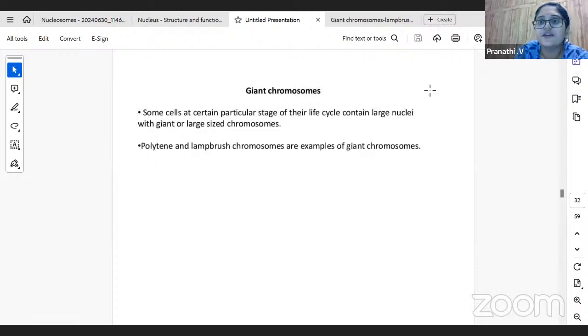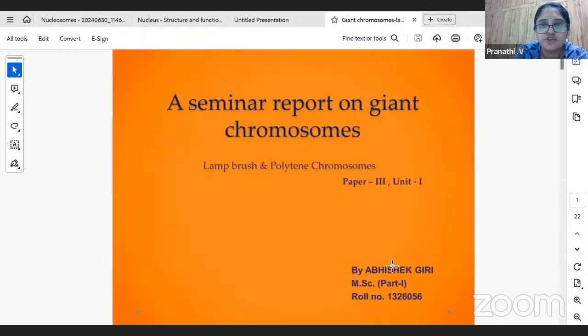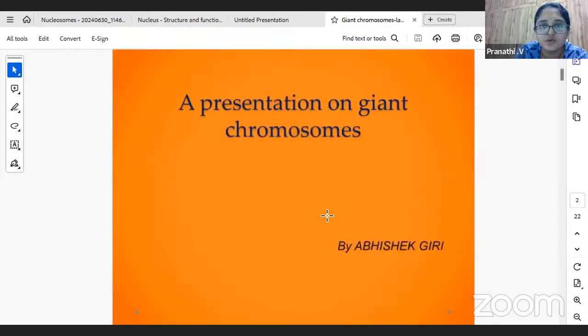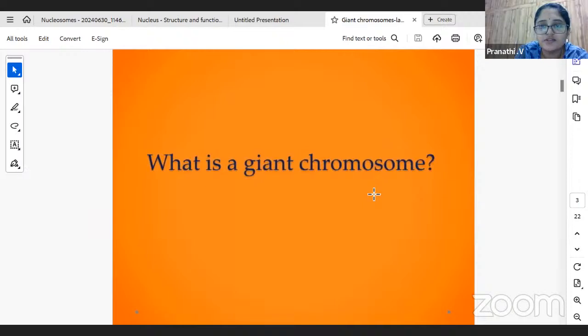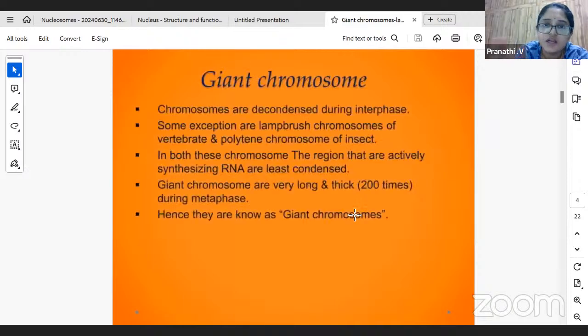Now, the last phase of our topic is lampbrush chromosomes or giant chromosomes. So, what is this that we are going to see over here? These are chromosomes that are decondensed during interphase. These are special cases of chromosomes.